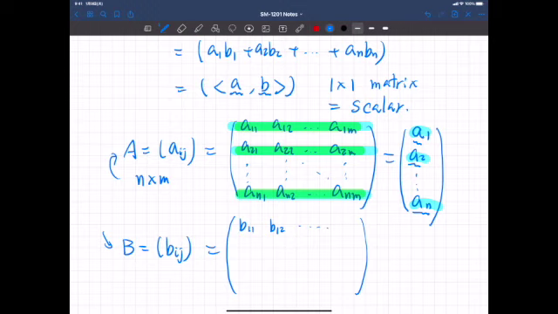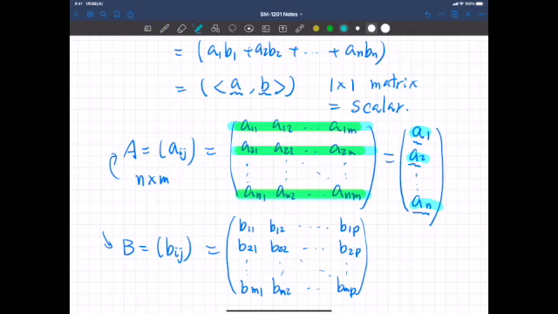And suppose we have P columns. So B21, B22, B2P, and Bm1, Bm2, BmP.